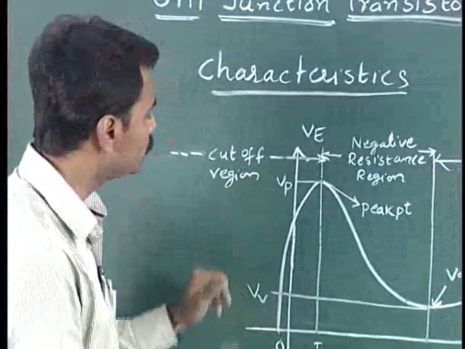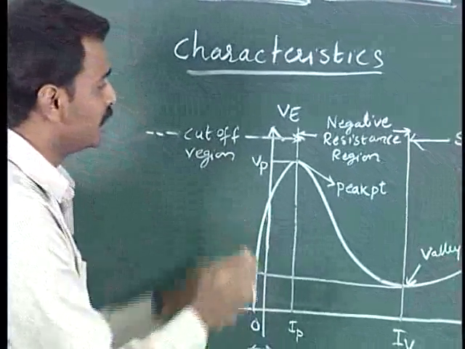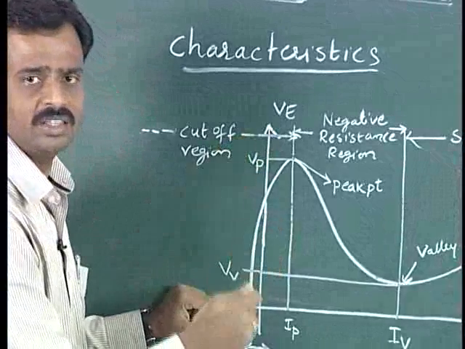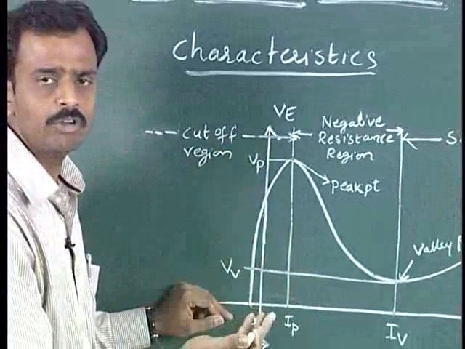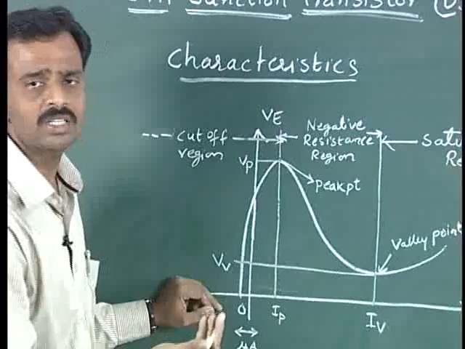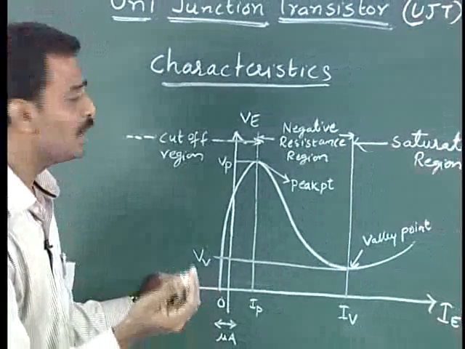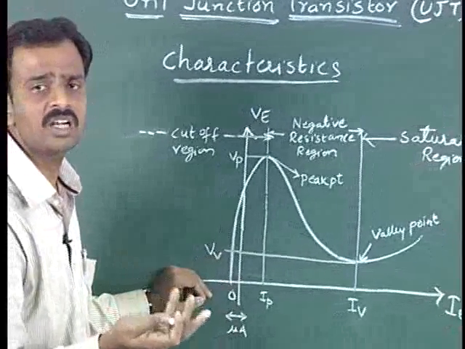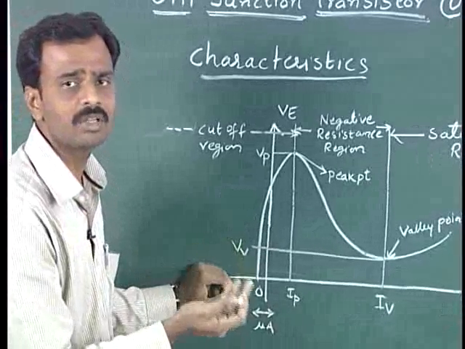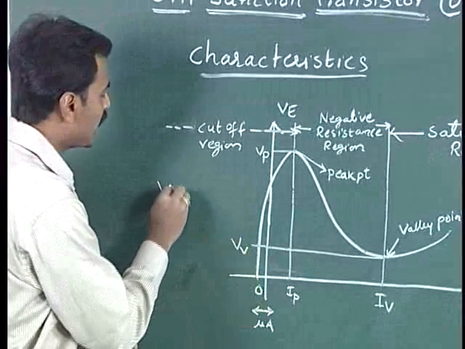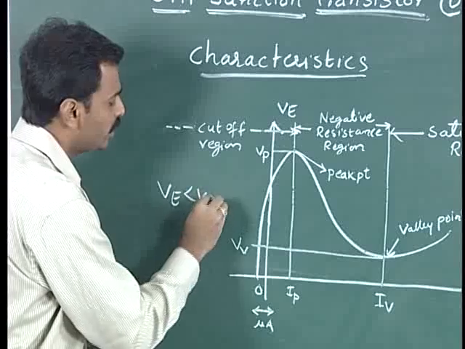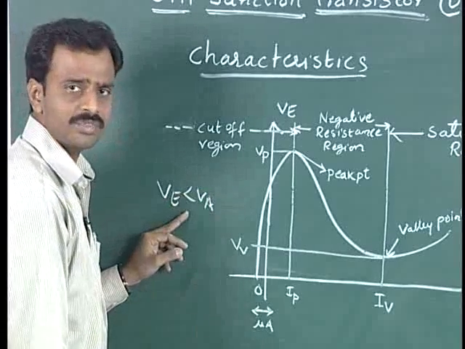Initially VE is less than VA, so the diode is automatically off, because the voltage required to conduct is not sufficient. In the first case, as VE is less than VA, the diode is in the off state.